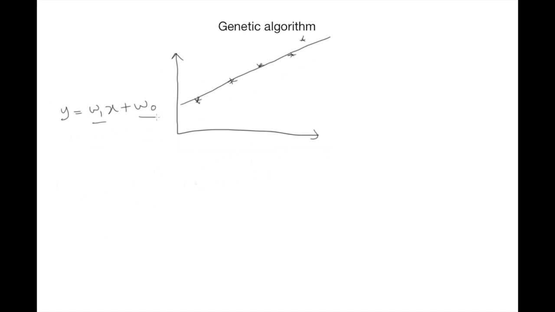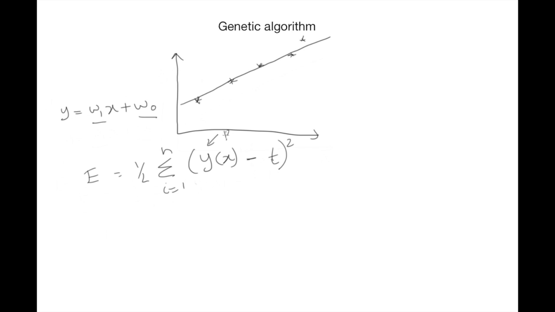find the optimum weight parameters W0 and W1 such that it minimizes an error function, which is essentially the difference between the predicted value and the actual target value of the data points.